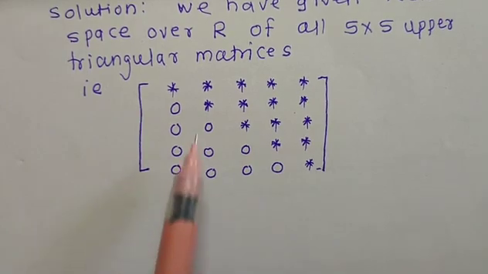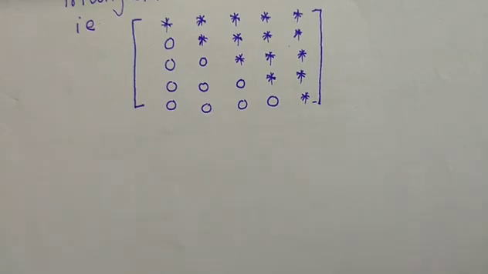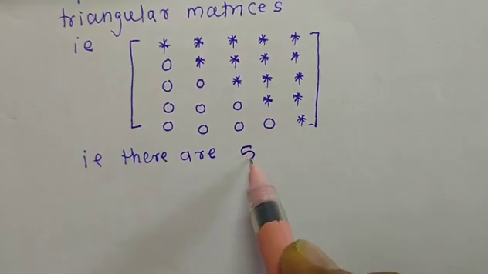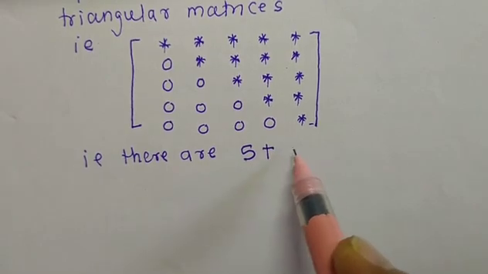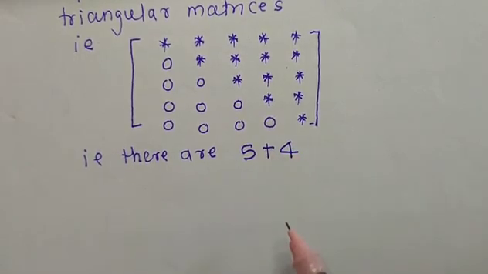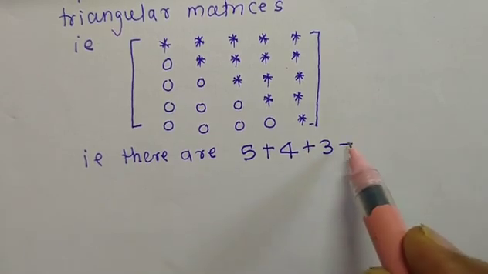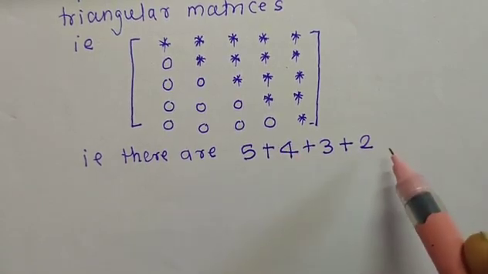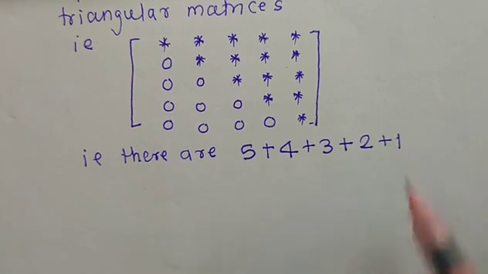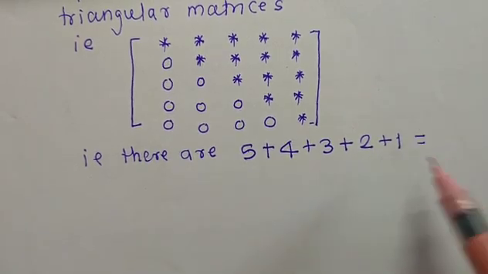That means the elements are here: in the first row 5 elements, in the second row 4 elements, in the third row 3 elements, in the fourth row 2 elements, and in the fifth row only 1 element. So this total is 15.